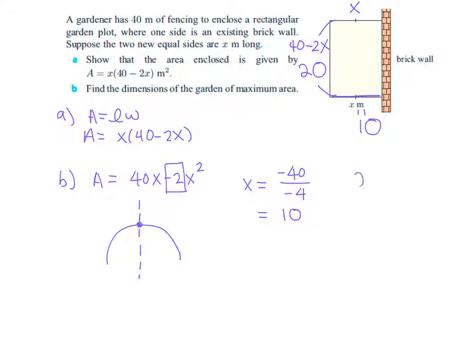So 20 by 10 meters will be the dimensions of the garden to maximize the area. If we plug in the value of 10 into this equation, we will get the maximized area, the biggest area that you can get from such dimensions.